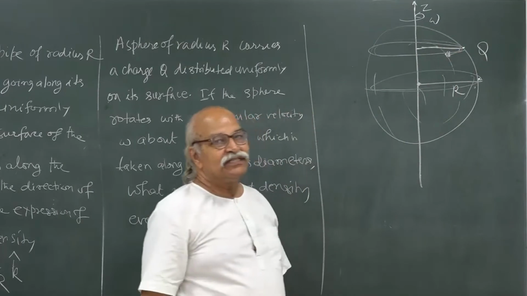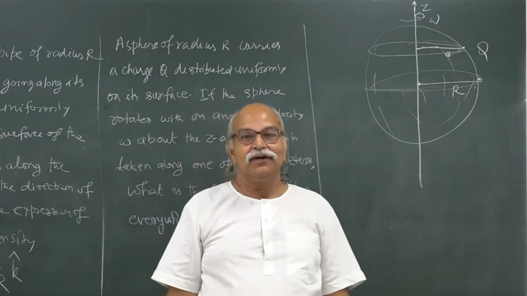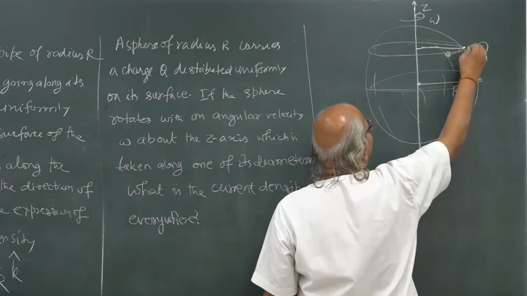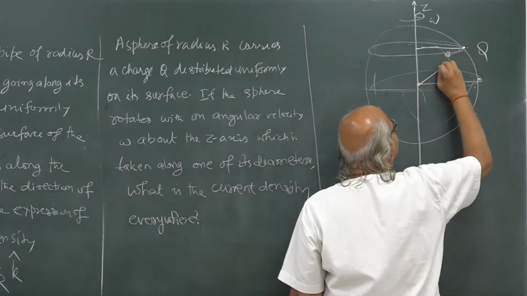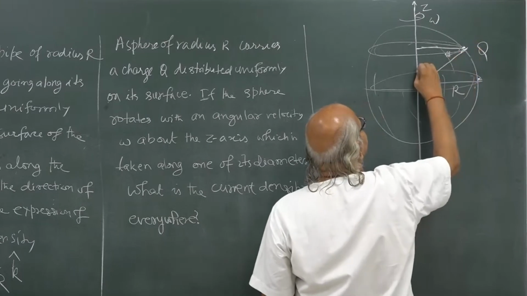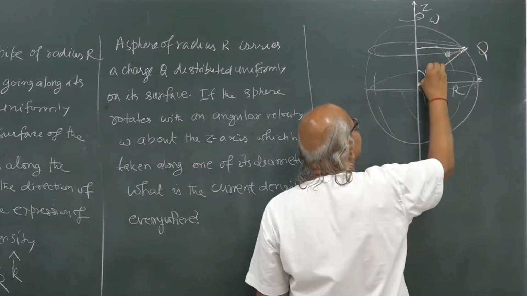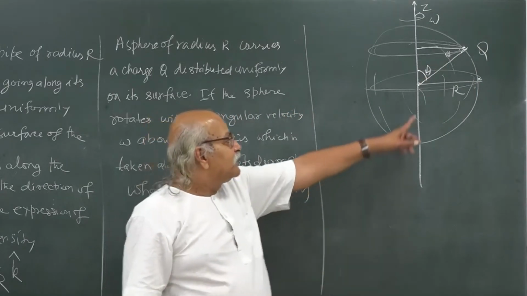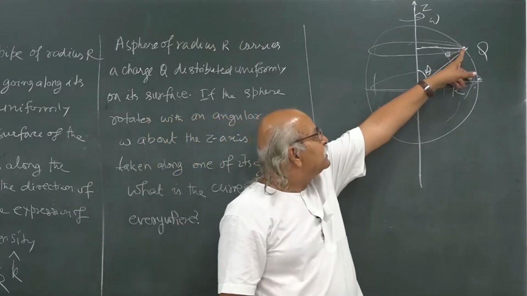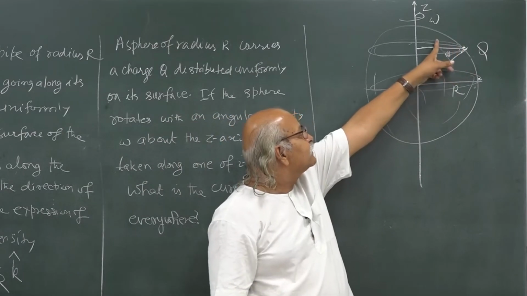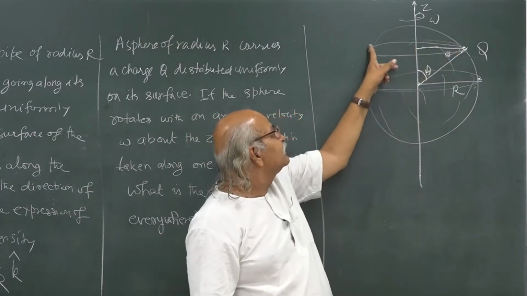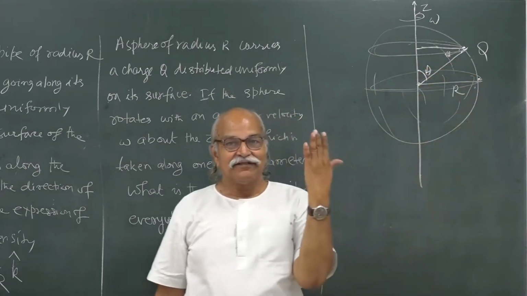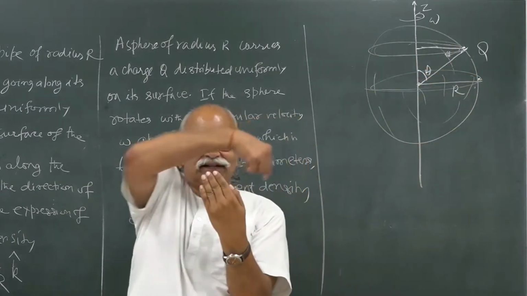If you use spherical polar coordinates, and here is your point, then this angle is known as theta, the angle from the z axis. And this theta is the same for all points on the circle.